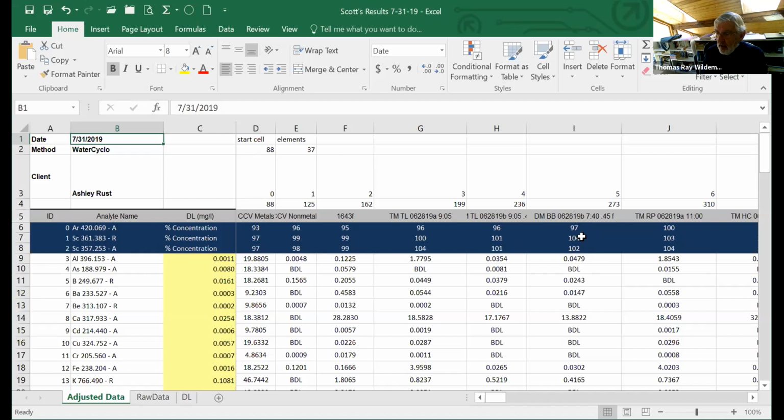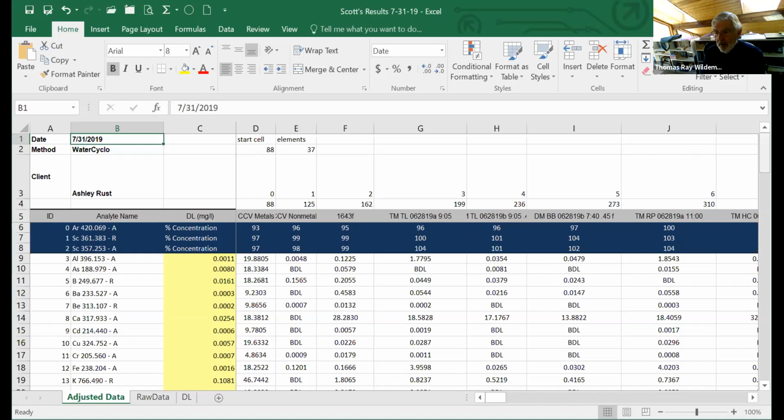Now this says R, so if I pick one out here, there's one, boron, right there, that's an R. And this will be decreased a small amount, because the internal standard read 104 instead of 100. And that will be included within your results. All those things will be adjusted for when you get the results.